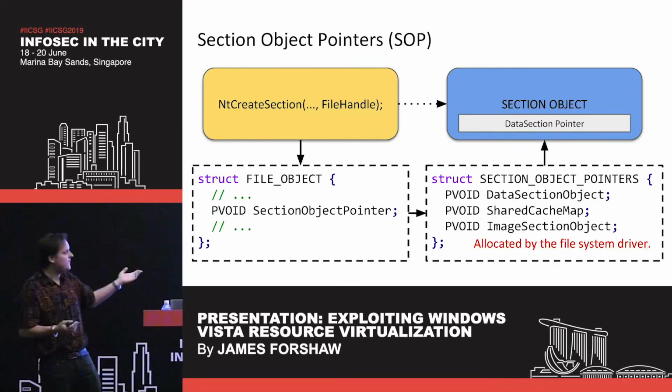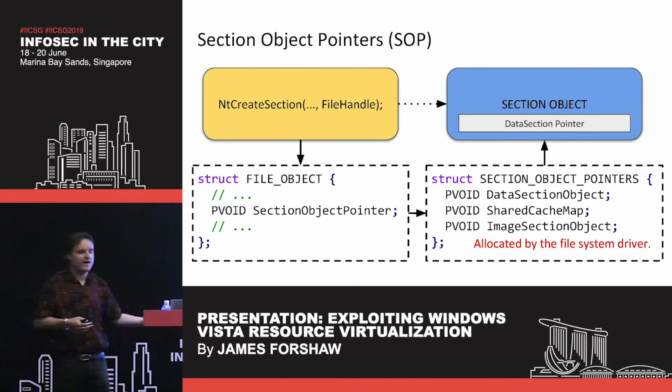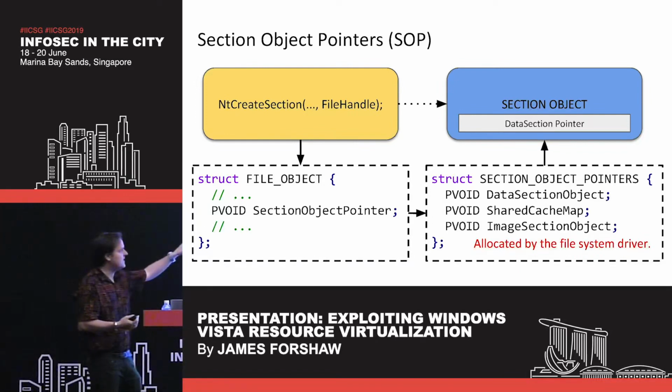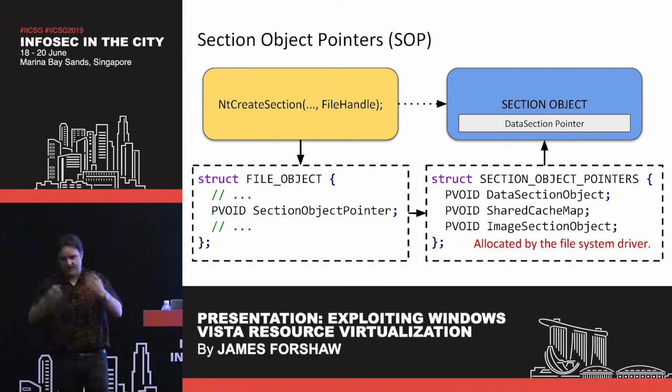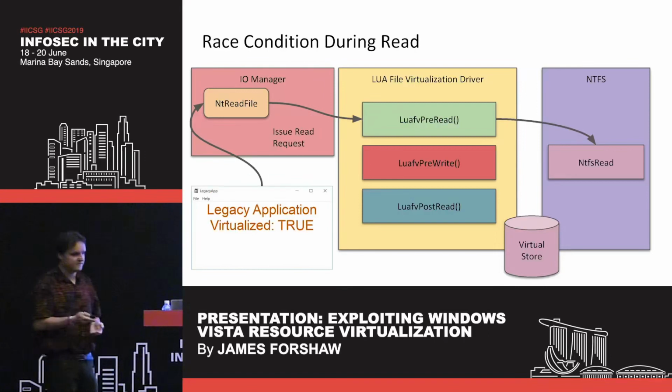So if you've got a readable file and a writable file, they'll still share the same section object pointers. And when you create your section and you pass it a file handle, it'll extract this pointer from the file object, the top level file object, and use that to construct your section object, which says, these are the virtual memory ranges which contains file data for this file.